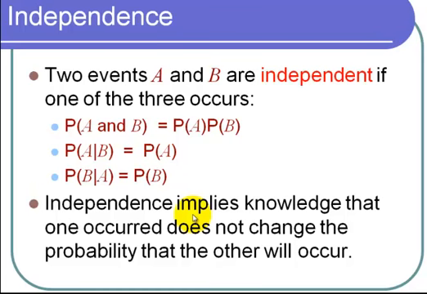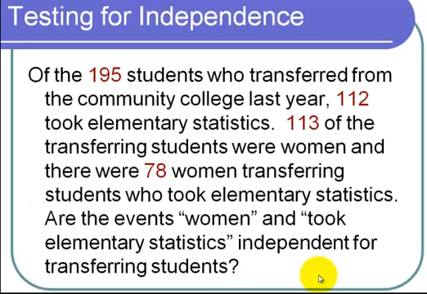So independence implies knowledge that one occurred does not change the probability that the other will occur. That's the general way of stating it, but without doing the calculation, you can't be sure that they're independent. So here's an example.